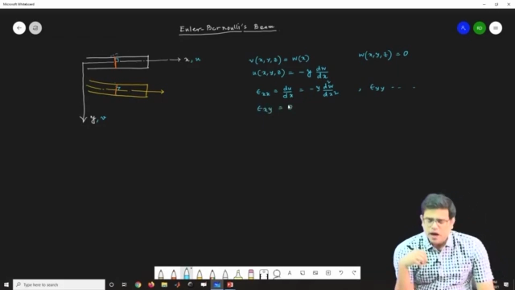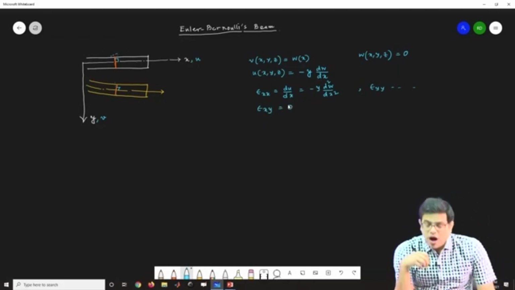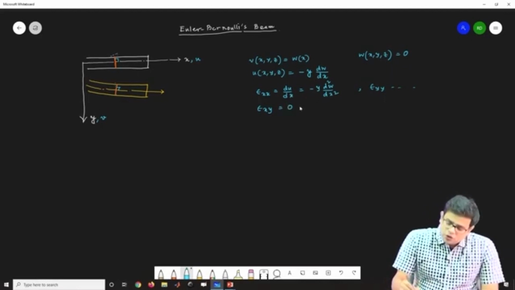If you take du/dy and then dv/dx, then the 2 epsilon xy, which is gamma xy, is du/dy plus dv/dx.